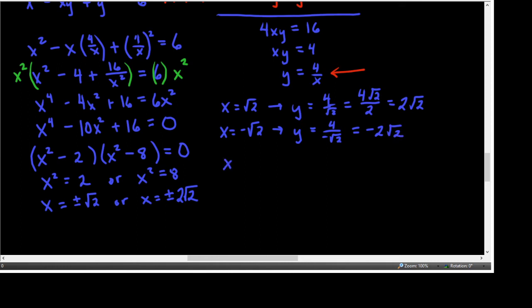When x is 2 square roots of 2, y will be 4 divided by 2 square roots of 2, which simplifies to be 2 divided by the square root of 2, which is 2 square roots of 2 over 2, which is the square root of 2.